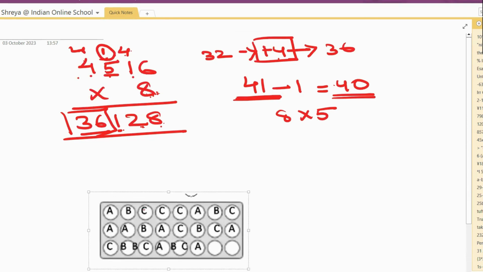The letters are overlapping, so let's first count the number of circles, which will give the total number of alphabets.